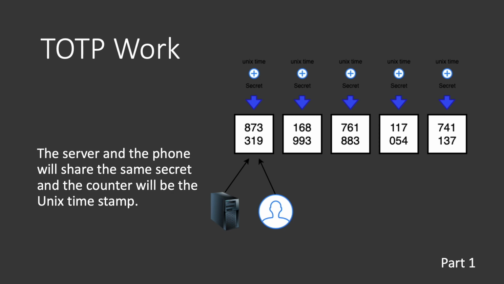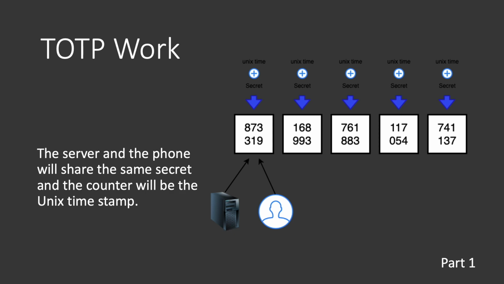So how does it work? As we have said, the Unix time is basically the number of seconds since January 1st, 1970, and the gap between the codes is usually 30 seconds. We divide the Unix time by that gap, and we round it down, and we get the current sequence value, which we pass into the same code generation function, the HMAC as HOTP, which will provide the code of the current time.